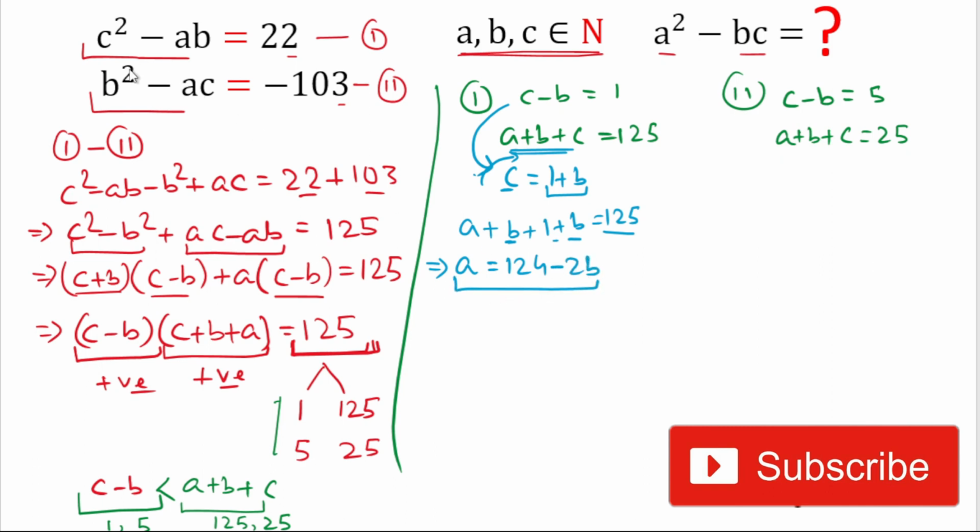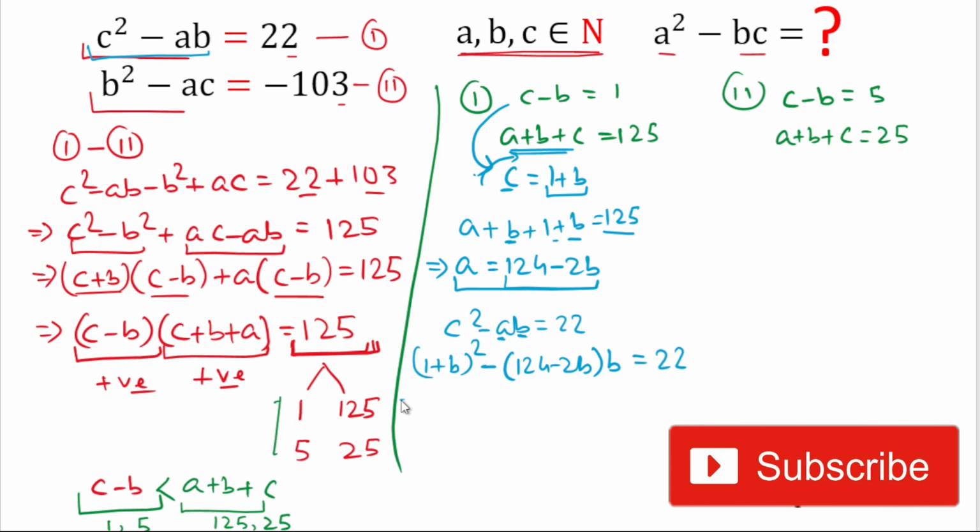Now we'll put the value of a in the first equation. So we'll write the first equation, that is c square minus ab, that is equal to 22. Here in place of c we'll write 1 plus b, so 1 plus b whole square, minus in place of a we'll write 124 minus 2b, multiplied by b, that is equal to 22.